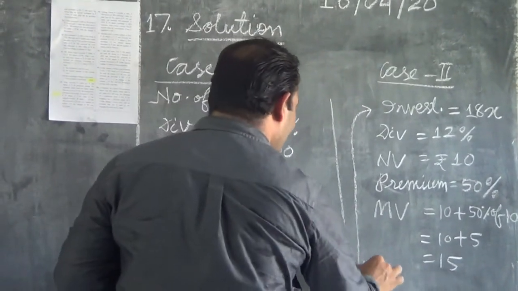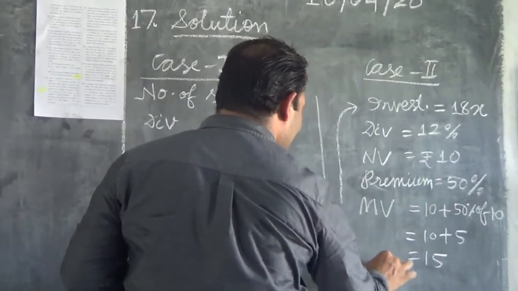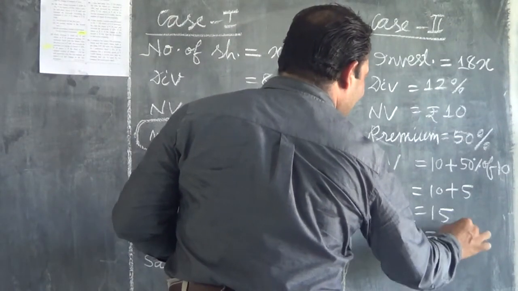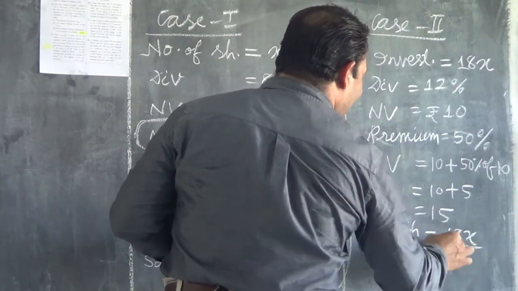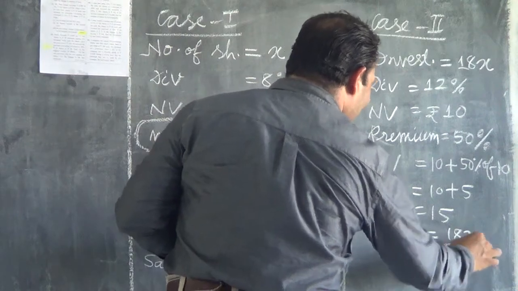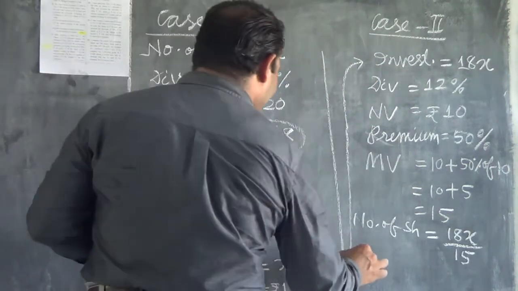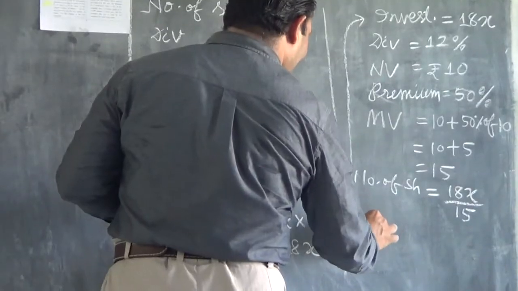Market value. Number of shares, how much? Number of shares will be investment 18x divided by market value of 1 share. Annual income will be how much children?